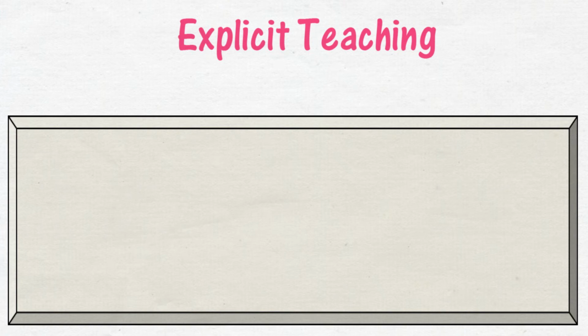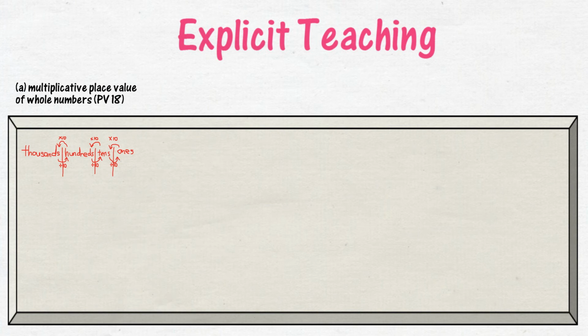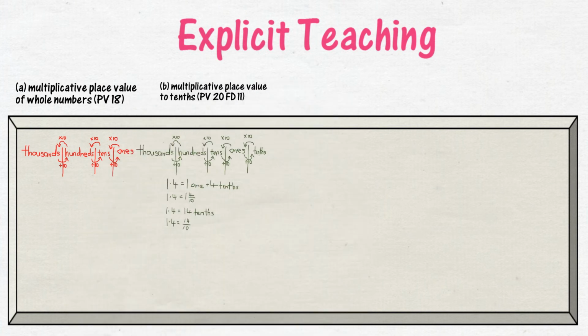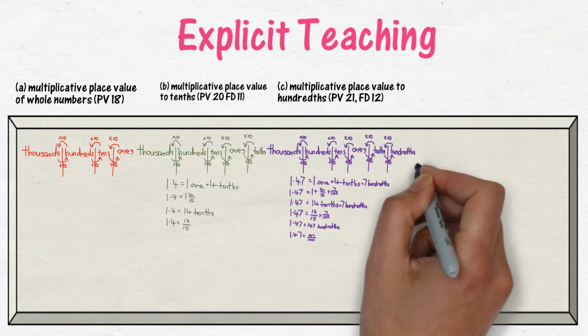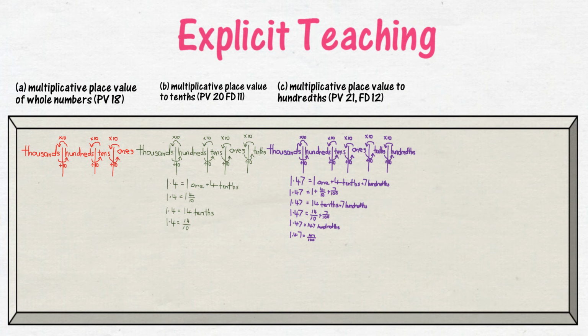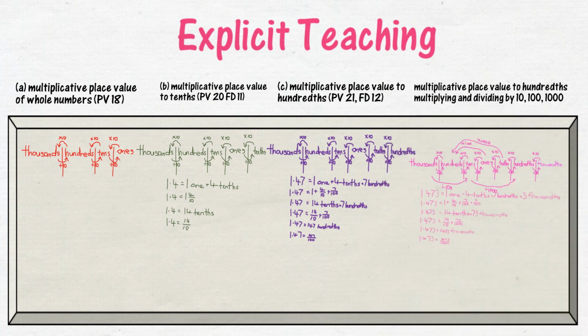For example, A, multiplicative place value of whole numbers, B, multiplicative place value to tenths, C, multiplicative place value to hundredths, and multiplicative place value of decimals to hundredths by multiplying and dividing by 10, 100 and 1,000. This explicit teaching segment of the lesson literally takes 10 to 15 minutes. The bulk of the lesson time is spent with children investigating at just beyond their current level of understanding.